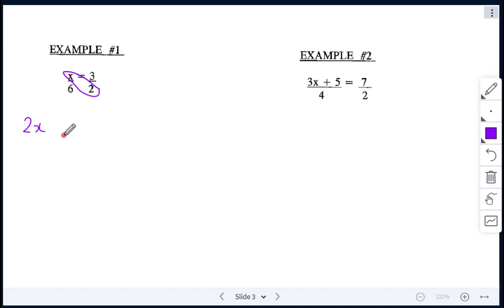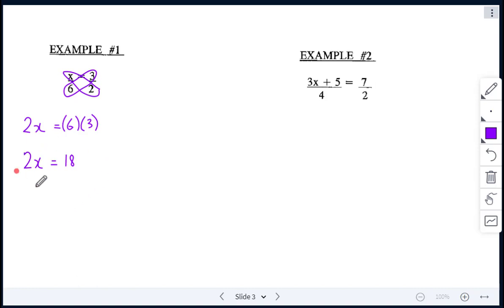So that gives me 2x equals, and then I'm going to multiply the other two like this, 6 times 3, and I'm just going to show here that I'm multiplying 6 times 3. And now we've gotten rid of the fractions. So now we can go ahead and work this out. So we have 2x is equal to 18.